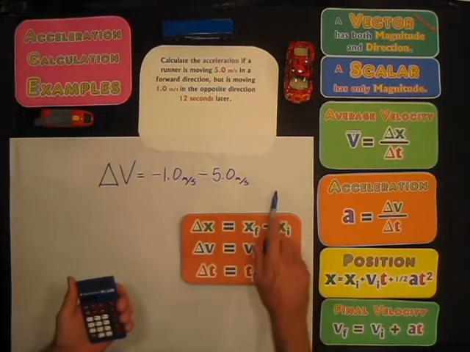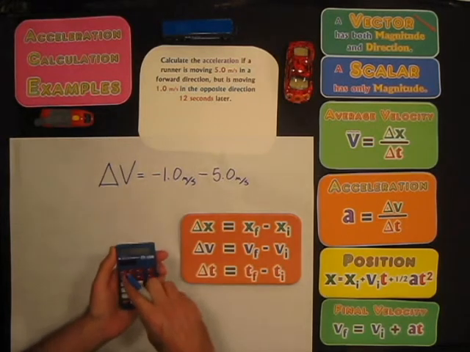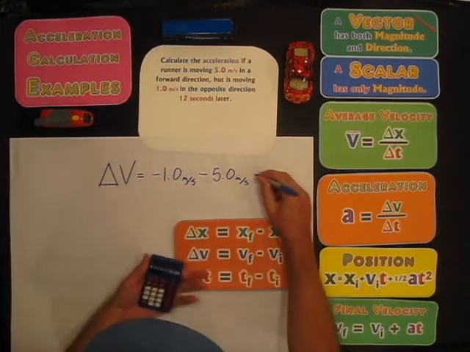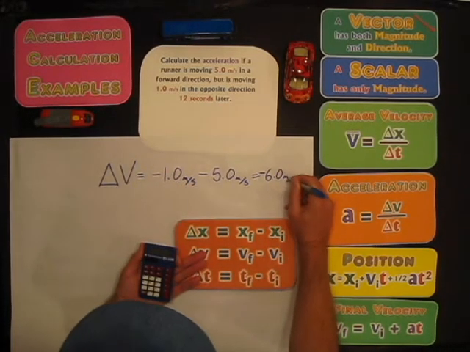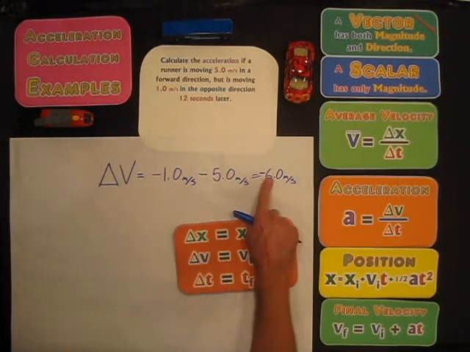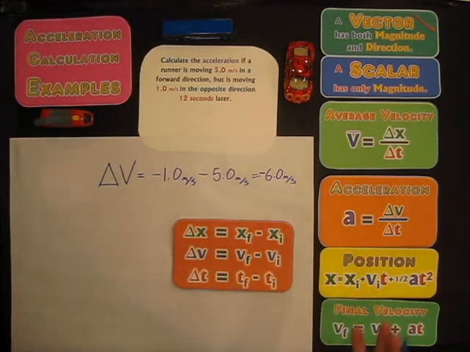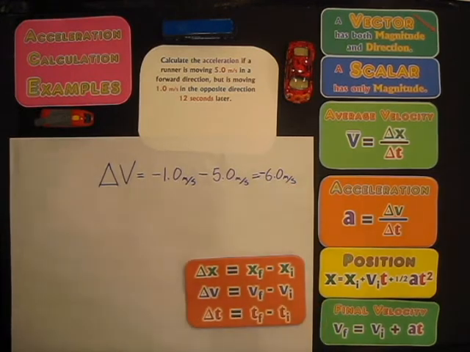So if I put in negative 1 minus 5, I get negative 6.0 meters per second. Because they both have a negative sign in front of them, it adds to a negative number with a greater absolute value. It's really hard to talk about negative numbers, whether they're bigger or smaller or more negative. It's just tricky to talk about.